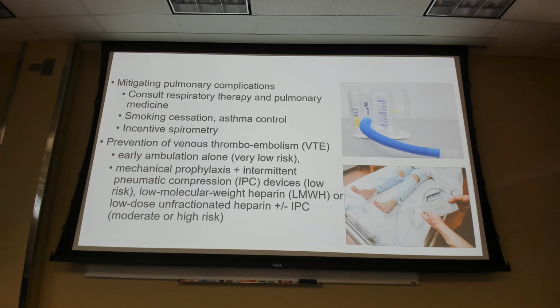And then do we think this could be caused by a venous thromboembolism as well? So what are we doing for that? And what do we do in the pre-op phase? In the post-op phase, we usually want to assess their risk and then use some sort of mechanical prophylaxis versus ambulation versus some sort of medicine that we can give them, depending on the risk for the procedure.